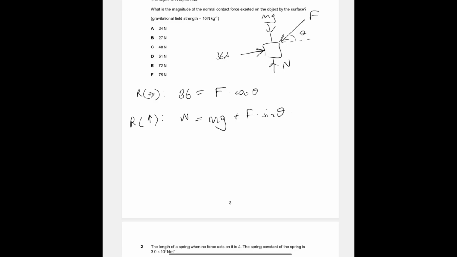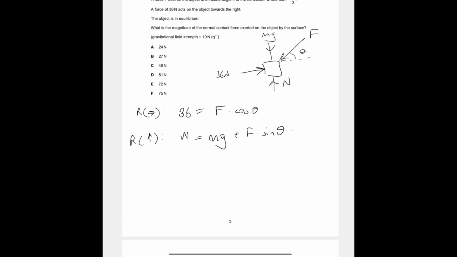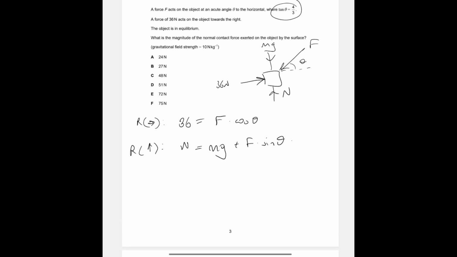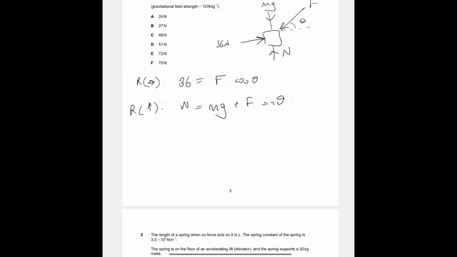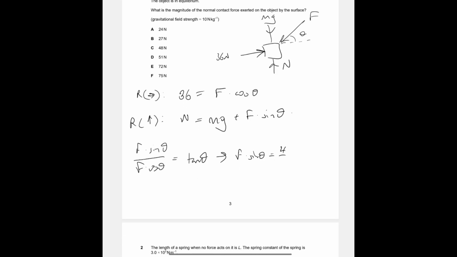So to get F sine theta, we're given that tan theta is 4/3. So F sine theta over F cos theta equals tan theta, right? So that implies F sine theta equals 4/3 times 36, which is 48.